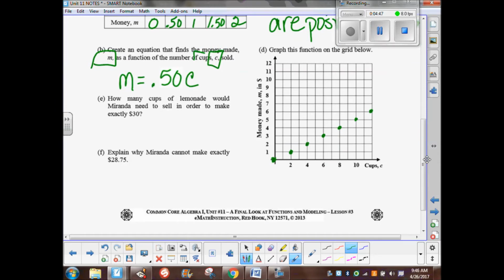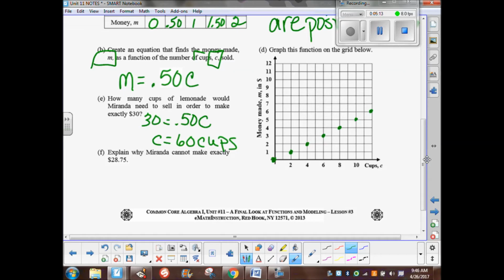How many cups of lemonade would Miranda need to sell in order to make $30? How many? 60 cups. So if I want $30, I know that C is going to have to be 60 cups. Explain why Miranda cannot make exactly $28.75.